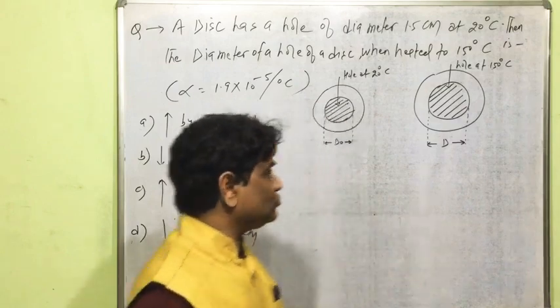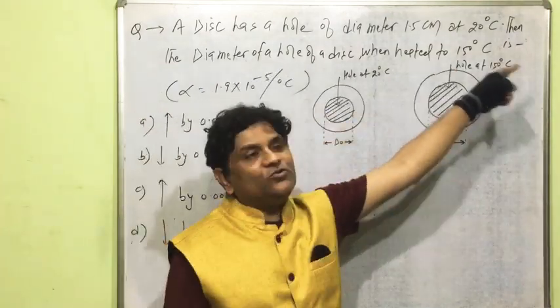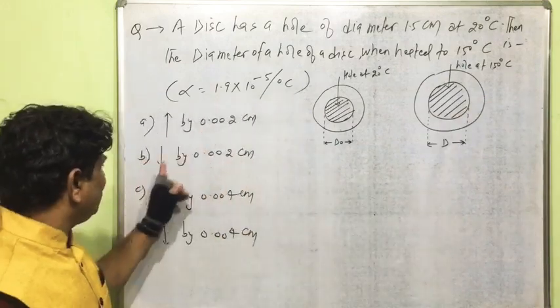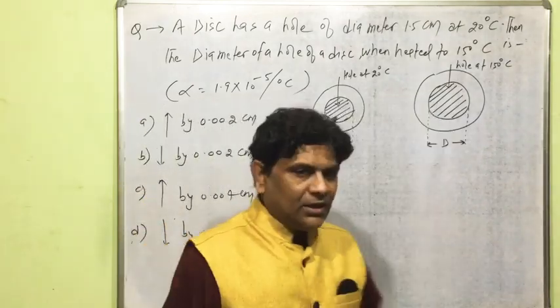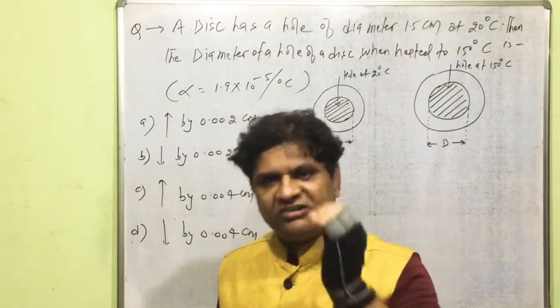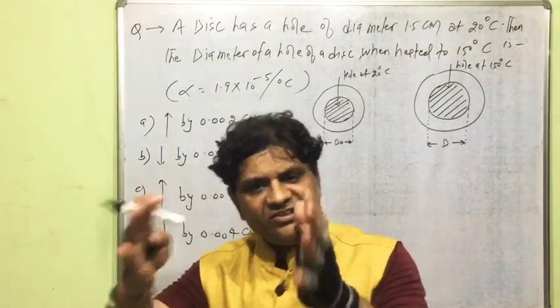Now we can take the question here. Then the diameter of a hole of a disc when heated to 150 degrees Celsius increases by or decreases by. It must be clear in a class here. Increases by, decreases by, changes by, heated by, cooled by, raised by means change in dimension.